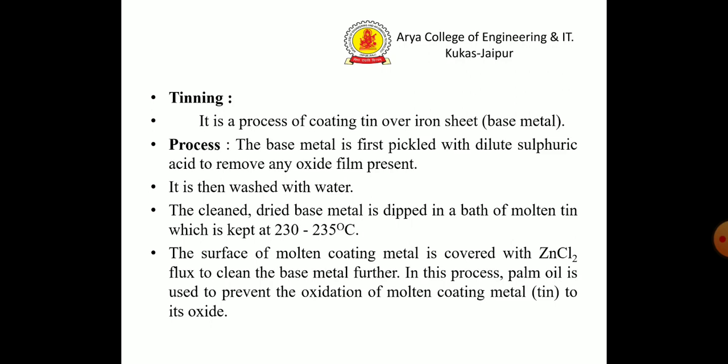Then it is washed with water and dried. The base metal is dipped in a bath of molten tin which is kept at 230 to 235 degrees Celsius. After this, the surface of the molten coating metal is covered with ZnCl2 flux to clean the base metal further. In this process, palm oil is used to prevent the oxidation of molten coating metal to its oxide.